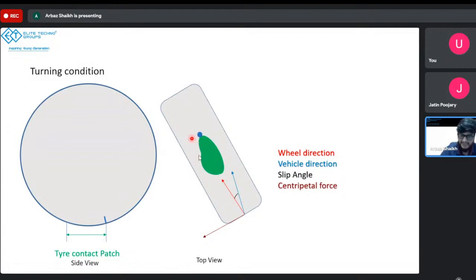This deformation is exaggerated; it won't deform this much, but it will deform slightly, and that's why it will be pushed towards the inner side. Because the centripetal force is maximum at this point, it will be pushed further while coming behind. Once it leaves the contact patch, it comes back to its original position, because it's elastic. This goes on whenever the vehicle is moving and turning. So this is what causes your slip angle.